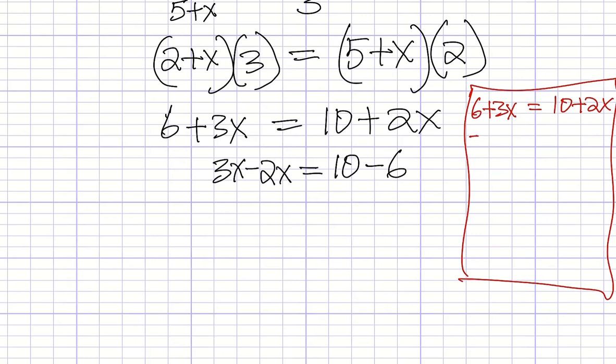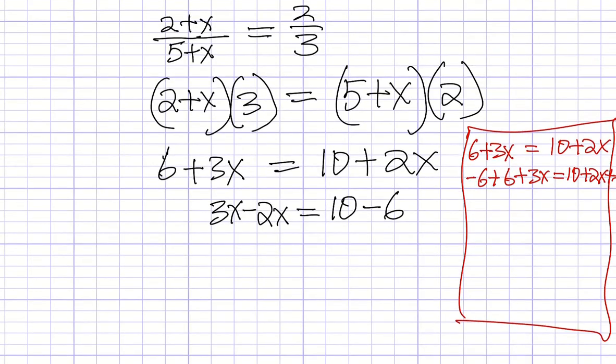You take away 6, and then you add it over there: 10 plus 2x plus 6. You see what they're doing? No, sorry, if you take away, then you take away. Sorry about that. Whatever you do on the left, you do on the right. See, that's the idea.